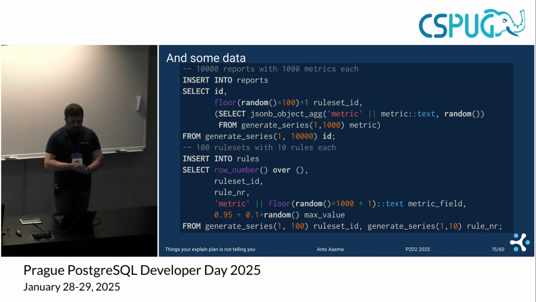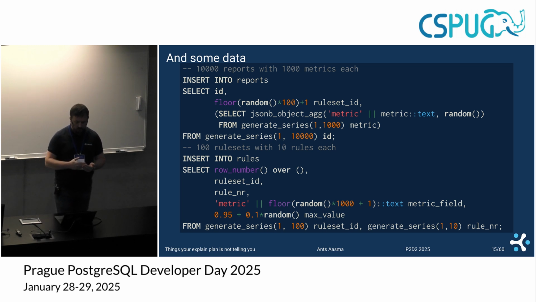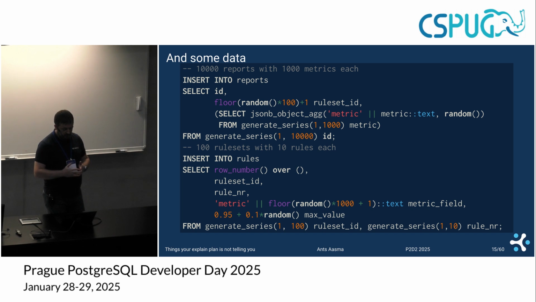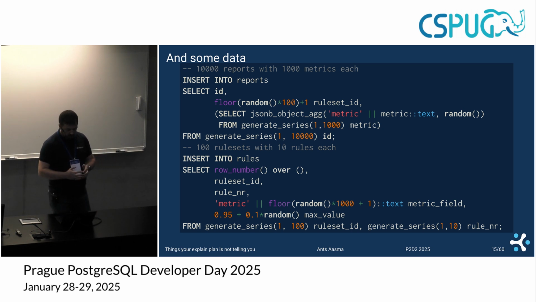And now we need some data to go along with it. So I'm going to generate into those tables 10,000 reports. Each one has 1,000 metrics, so quite a large field. And then in the rule sets area, we will have 100 rule sets, each one has 10 rules.